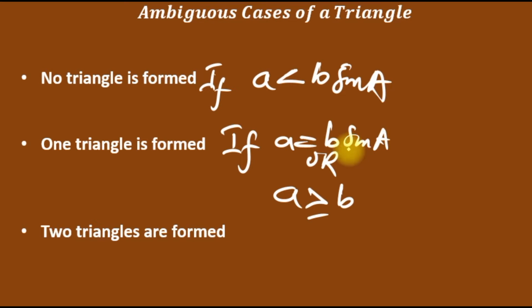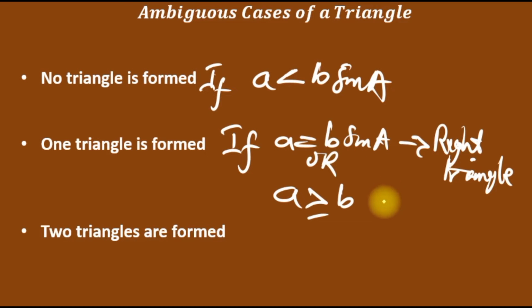When a is equal to b sine A, this is a right triangle. And an oblique triangle: if a triangle is not right, it's an oblique triangle. So any other triangle, but it must be one triangle.